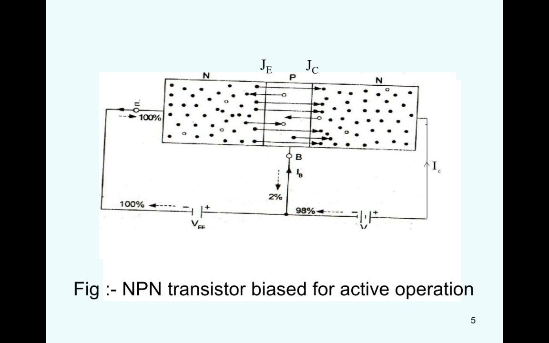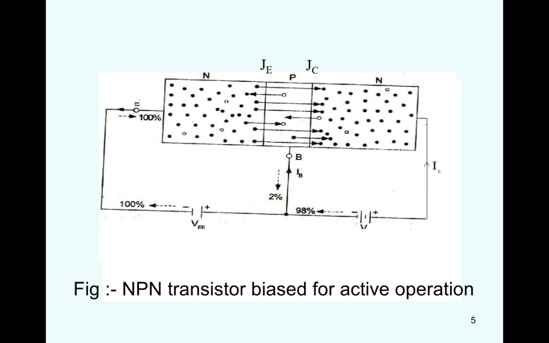Due to this thermal agitation, a small leakage current is generated. That current we call the reverse saturation current. That means in the collector, both emitter current and reverse saturation current flow.